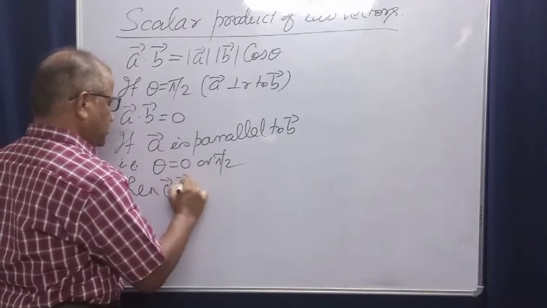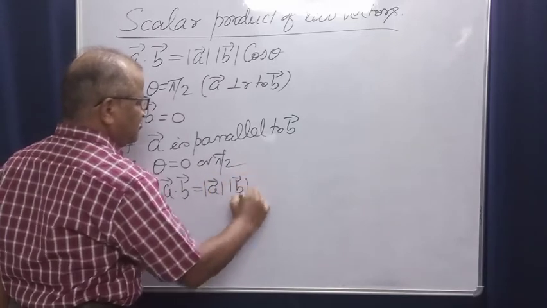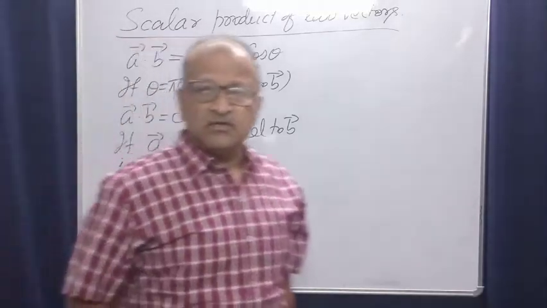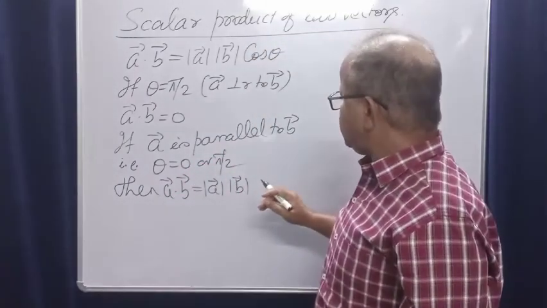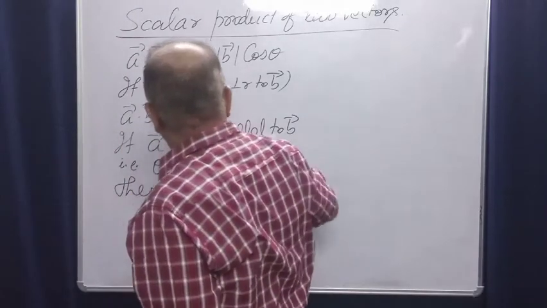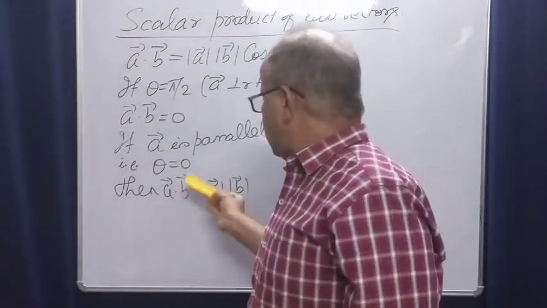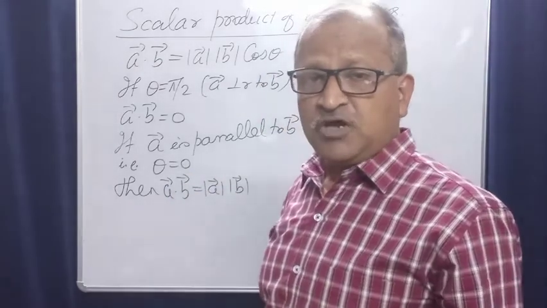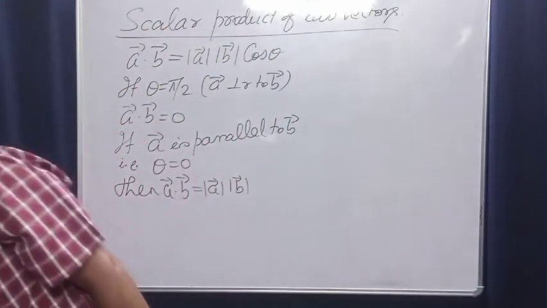A dot B is equal to magnitude of A into magnitude of B. Because theta is 0, then cos 0 is 1, right? So it is magnitude of A into magnitude of B when they are parallel.